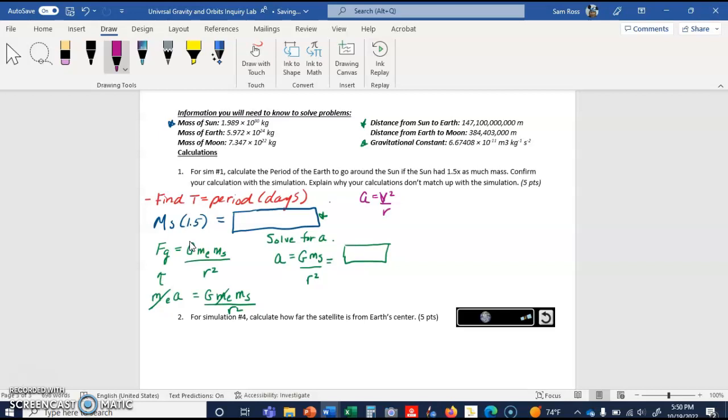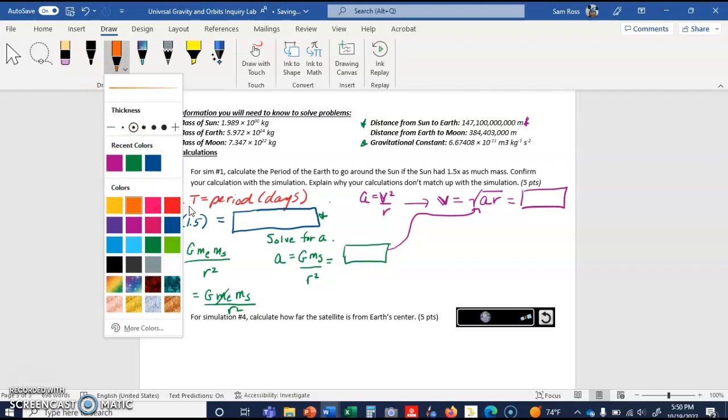So we're going to use this to solve for V. To get V, we need to take the square root, because V is currently squared, of A times R. So here is the A, and R, again, is right here. So this is going to give you a velocity in meters per second.